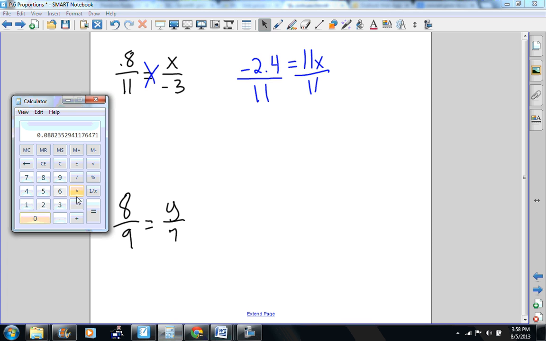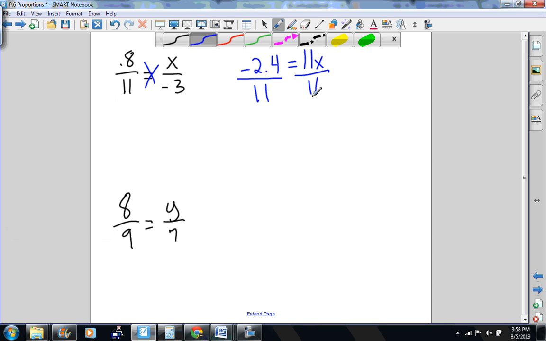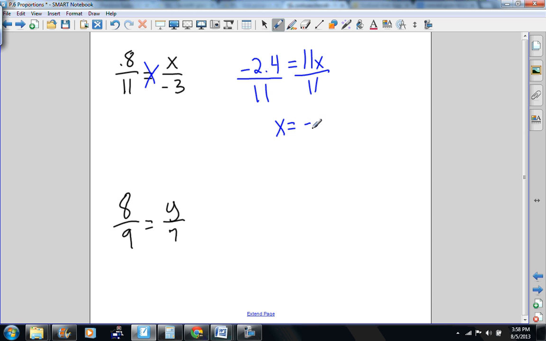I would like this to clear. There we go. All right. So -2.4 divided by 11 is -0.22. And obviously that's rounded, so it's not exact. And then you check your answer.